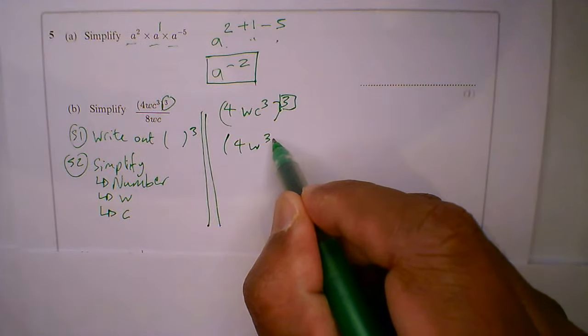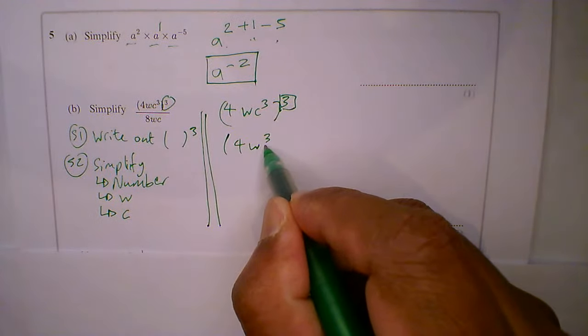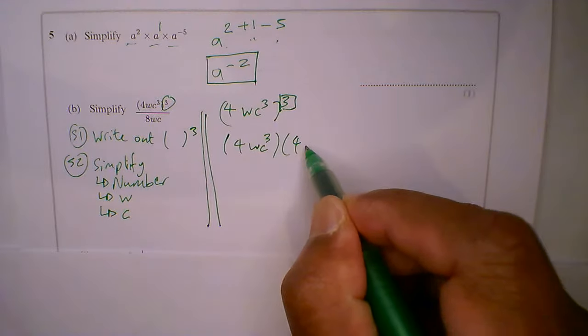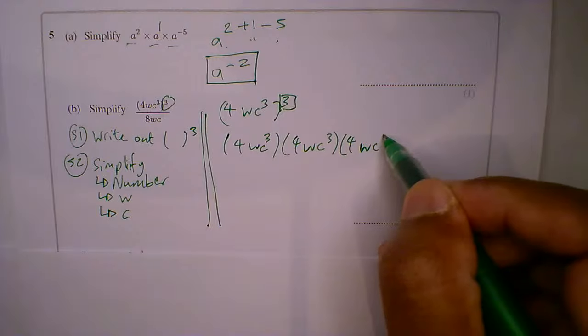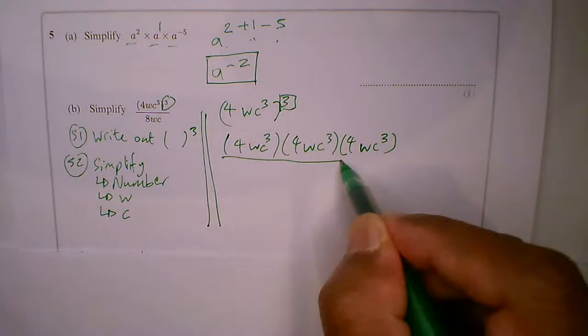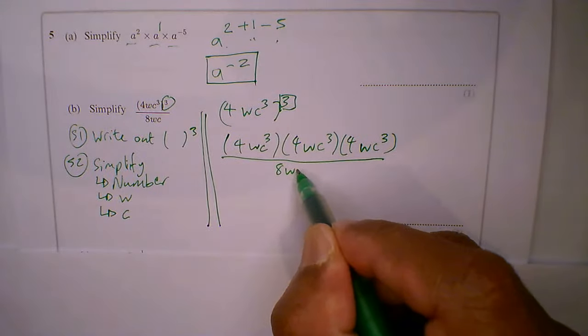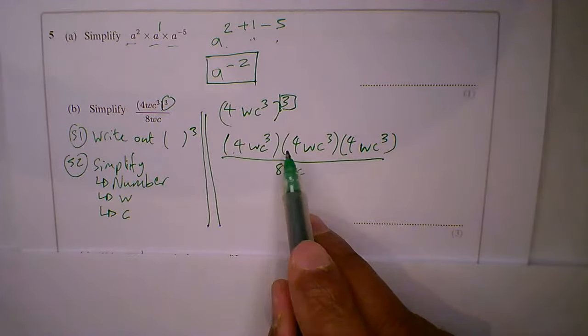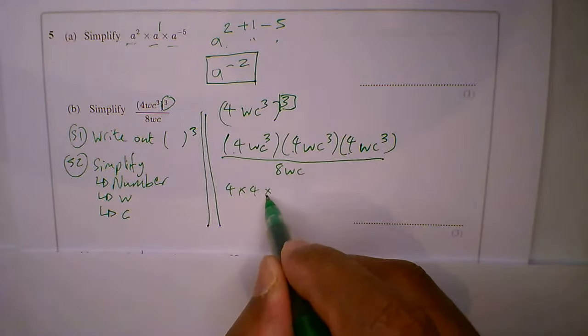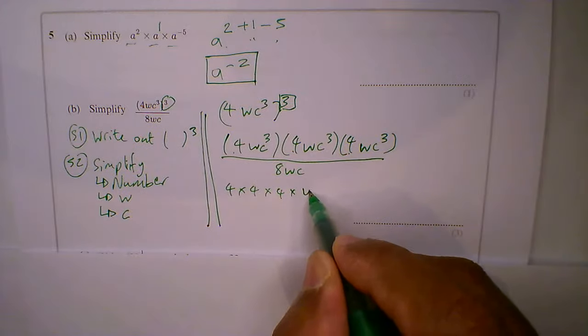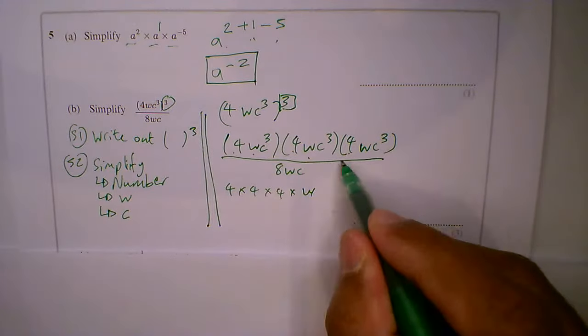4wc cubed, 4wc cubed, 4wc cubed. Be careful when you're writing it out. Nearly made a mistake there. All over 8wc. So you can see I'm multiplying out 4 three times: 4 times 4 times 4 times w times w times w.